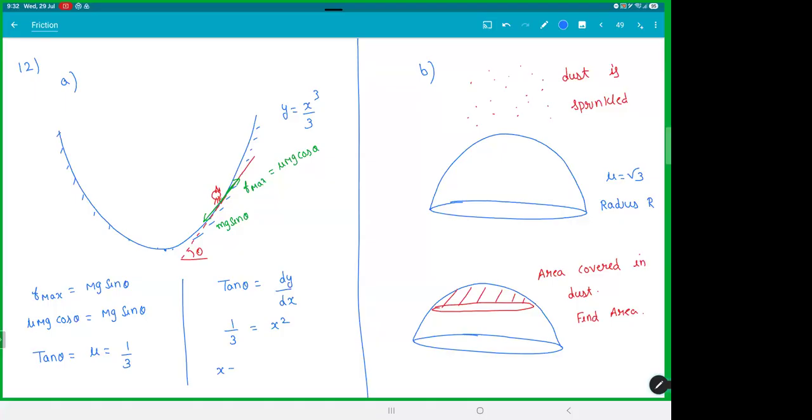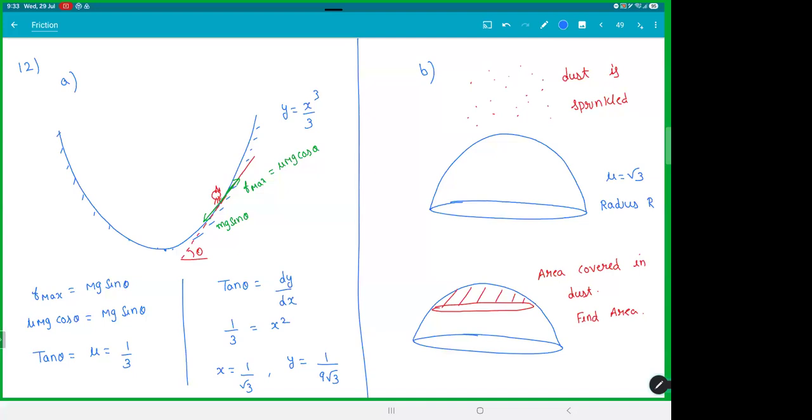So we get x is equal to 1 by root 3. If the x coordinate is 1 by root 3, then the y coordinate will be 1 by 9 root 3. Clear with this? That's the maximum height you will reach. Is that making sense, everyone?